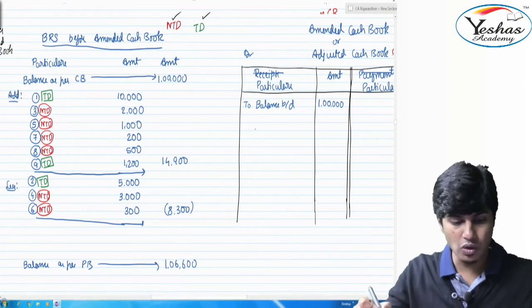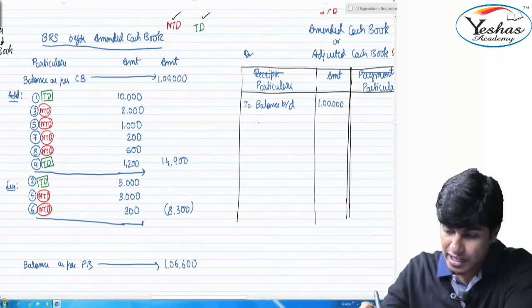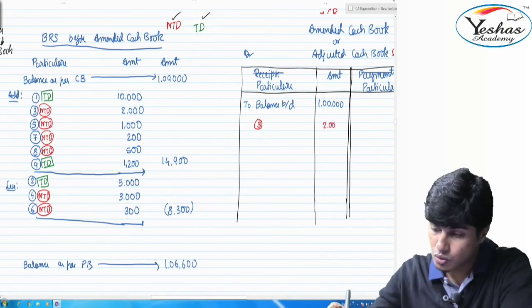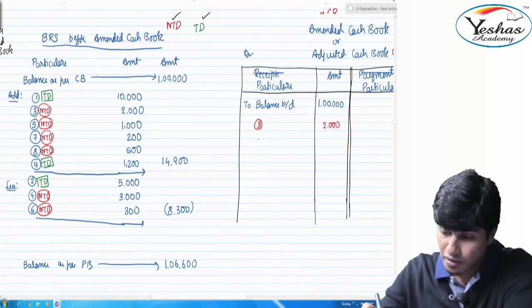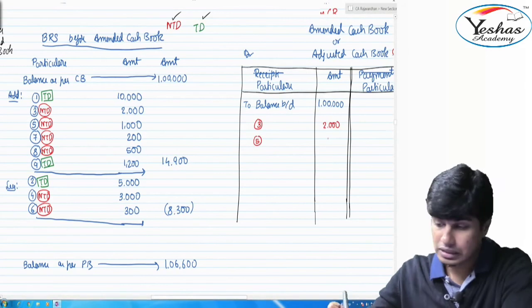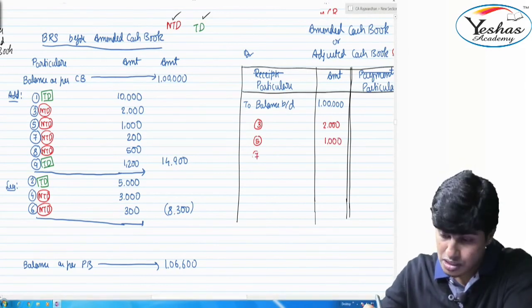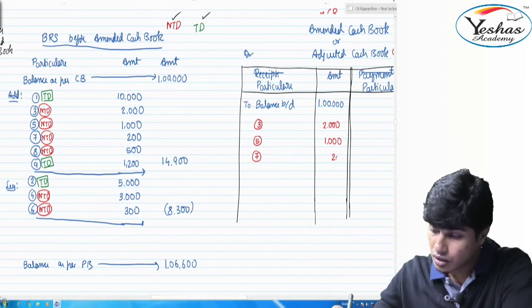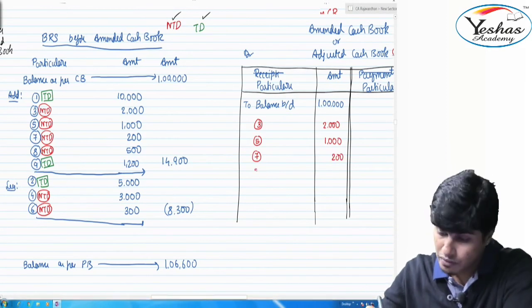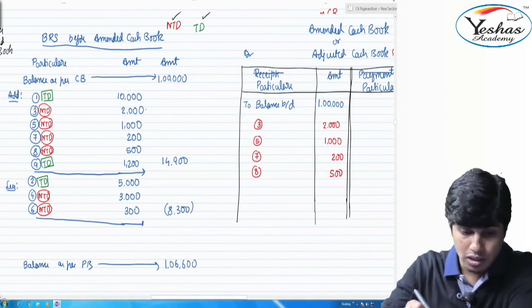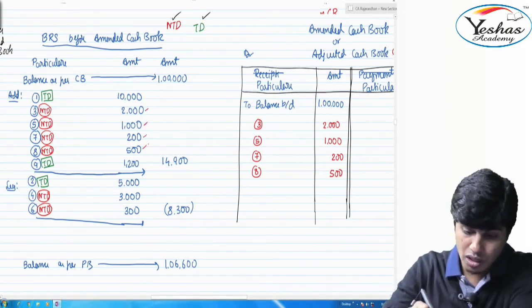Yeah, come on, let me go on writing. So what are the add items? Add items that I have is 3, that is 2000 rupees. Then I have 5, that is 1000 rupees. Then I have 7, that is 200 rupees. Then I have 8, that is 500. So I am done with 2000, 1000, 200, 500.